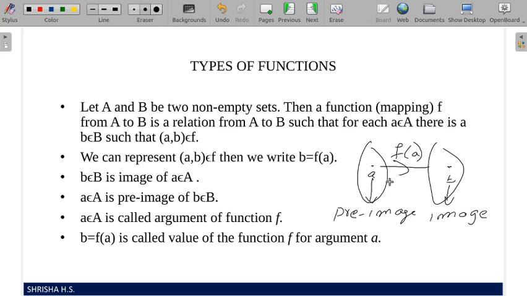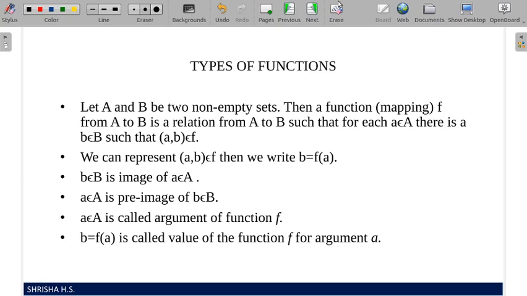So we'll just revise: B is the image, and A is the pre-image. Another convention is if you have f of A, that A is called the argument, and when you get B, that is called the value for argument A. These are some naming conventions we should know.